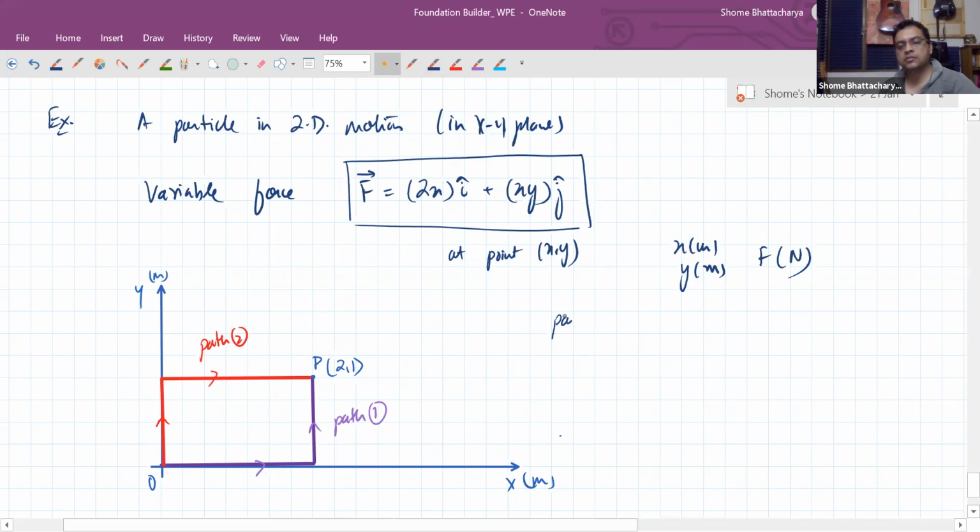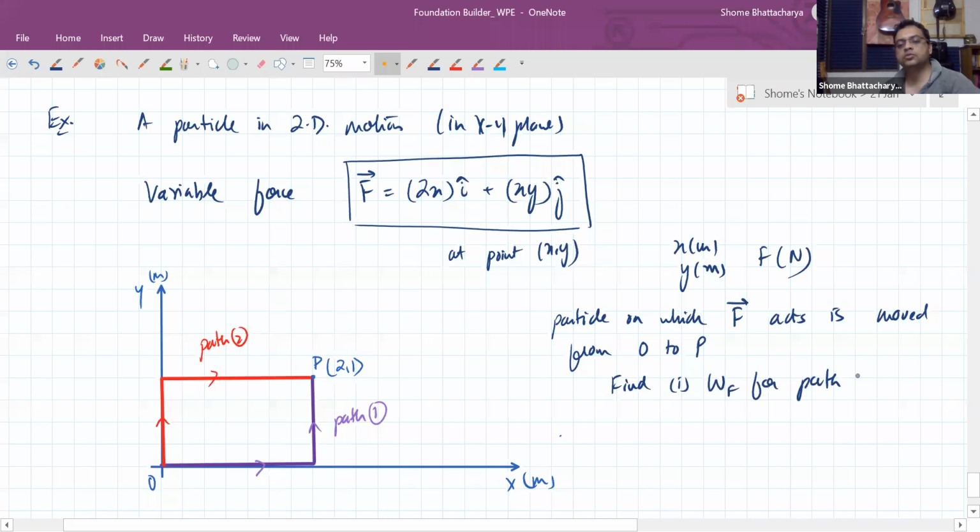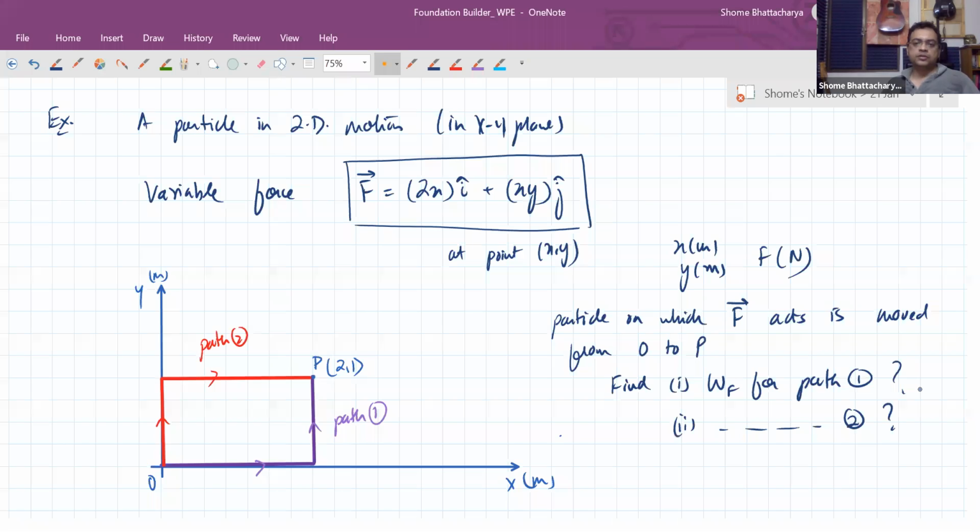So the particle on which the force F acts is moved from O to P. Find work done by F for path 1 and for path 2. So you can start working on this, apply the same type of method that we saw earlier. I'll put up the calculation soon.